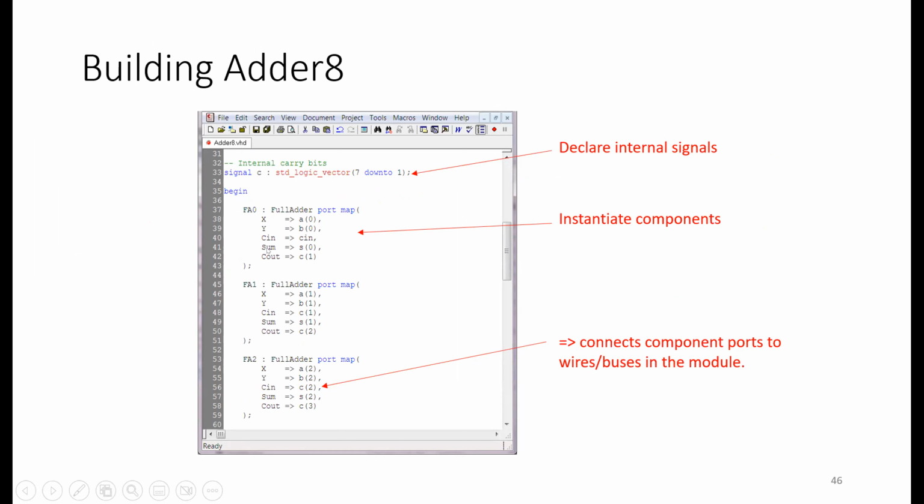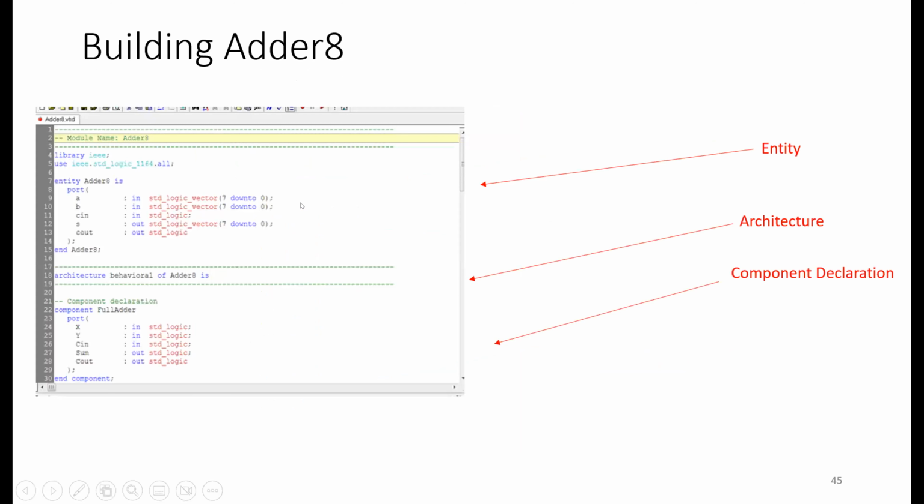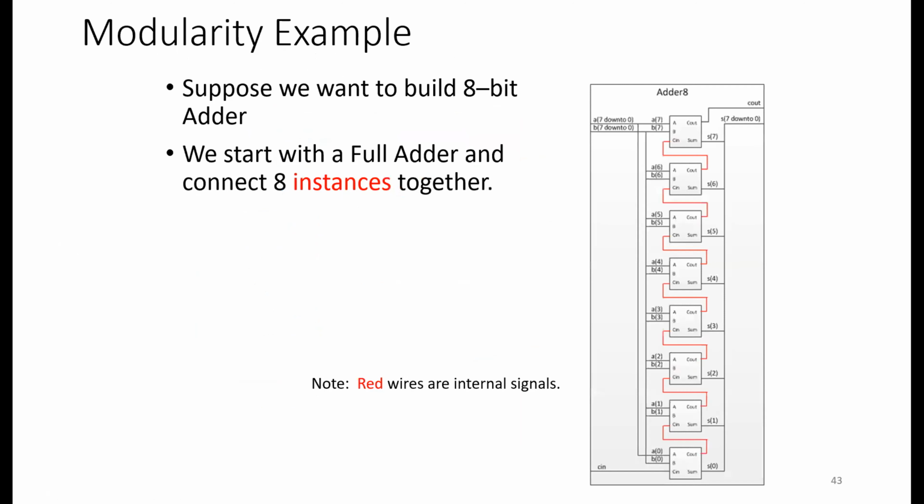Sum on the full adder, it is connected to S of 0. C out will be C of 1. This is the first one in here.